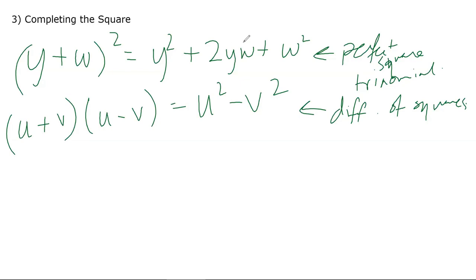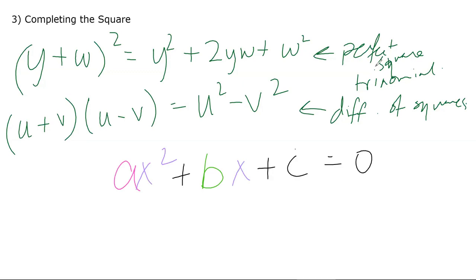That would look like this. We would start off with ax squared plus bx plus c is equal to 0. And then we move the c to the other side, so that's a subtraction of c.